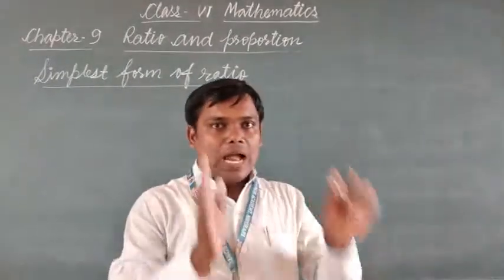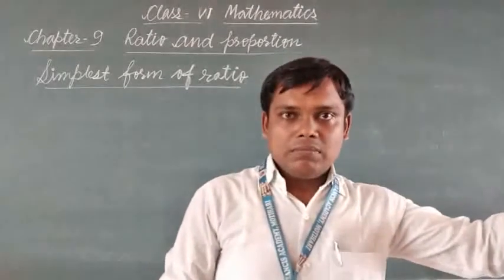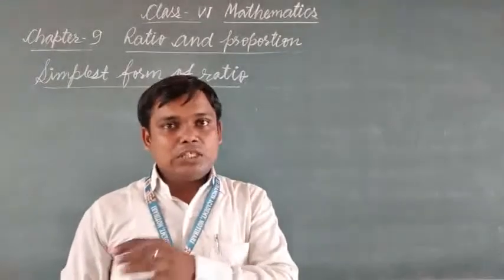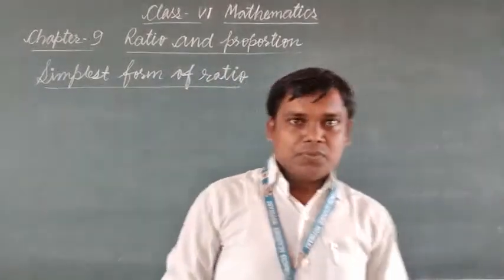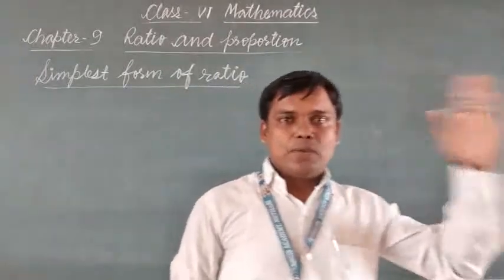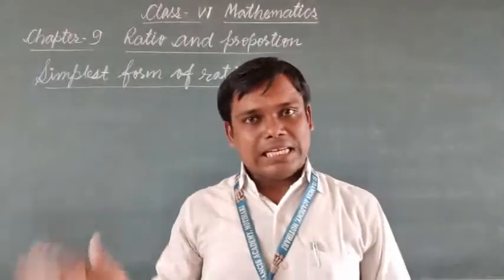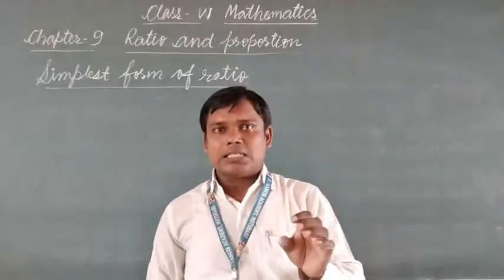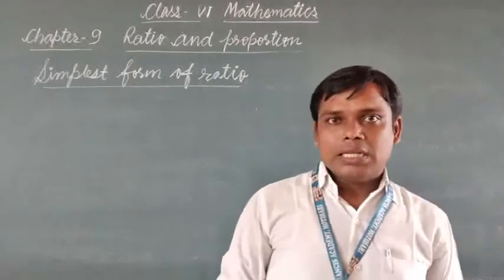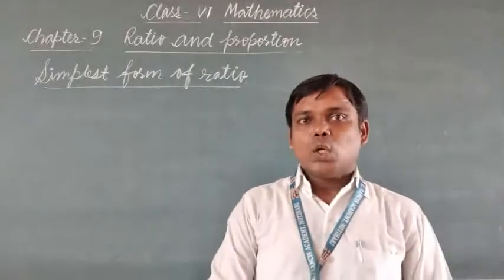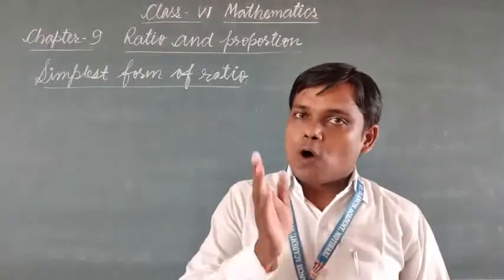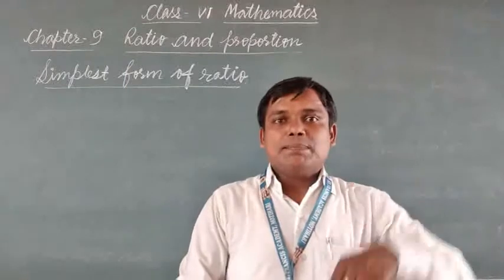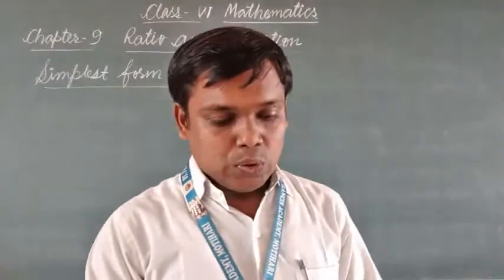We will write the prime factors of the first term, that is the numerator, and the prime factors of the second term. Then we will find that some of the factors are common in both numerator and denominator. We will sort out the common factors, and then we will be left with the simplest form of the ratio.